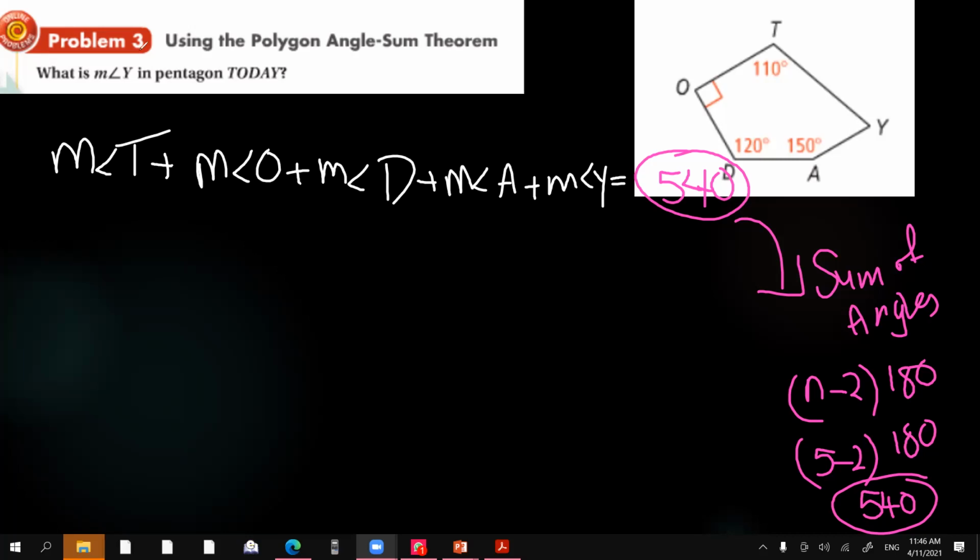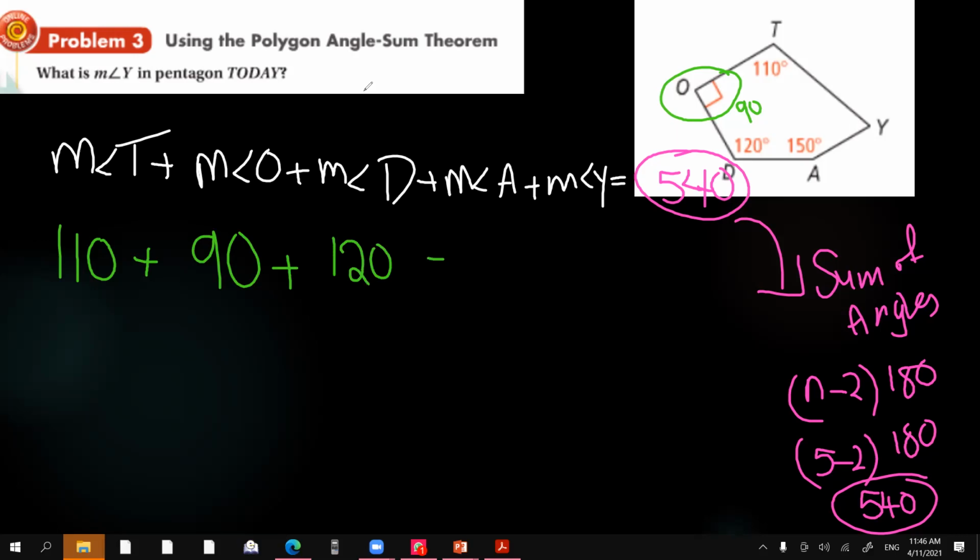Now then, what is the measure of angle T? 110. What is the measure of angle O? 90. What is the measure of angle D? 120. And the measure of angle A? 150. And the measure of angle Y? I don't know it. I need to find it. They equal 540.